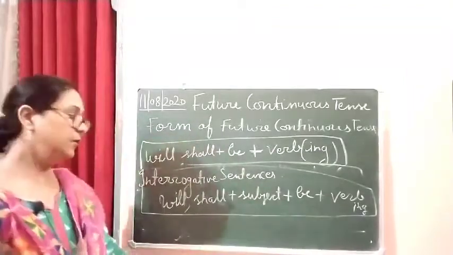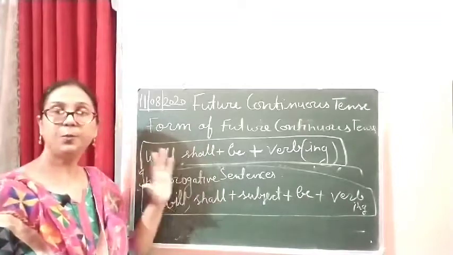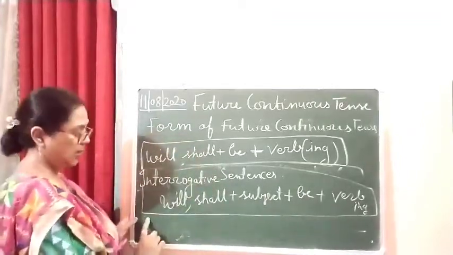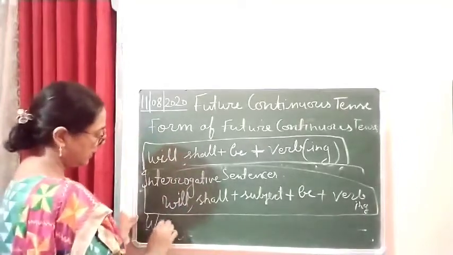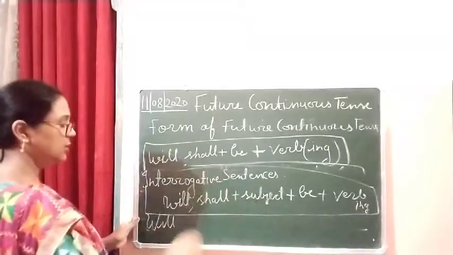First of all, we should write will and shall. We just place will and shall at the first. At the first word we are going to write will and then subject.